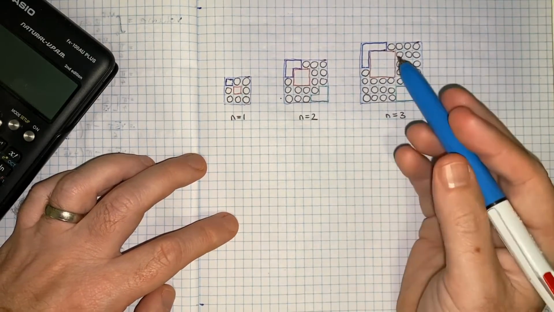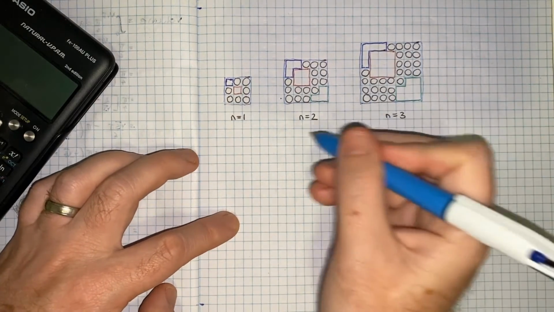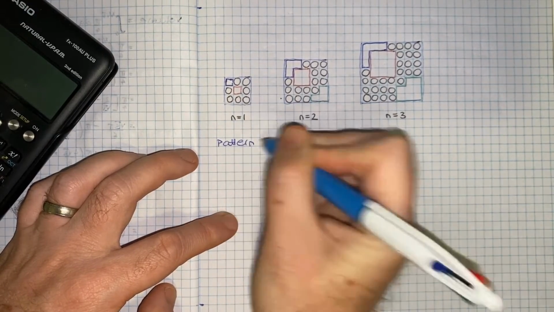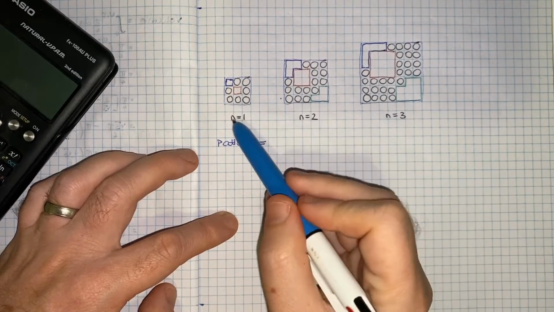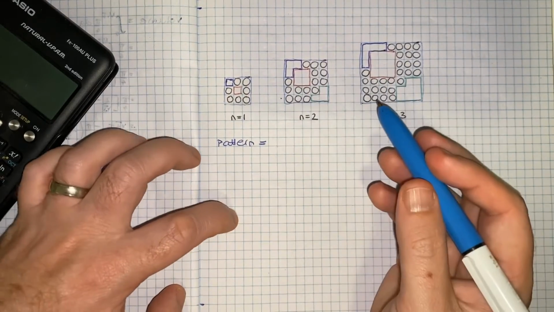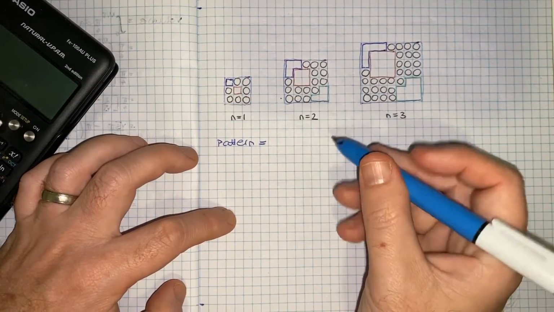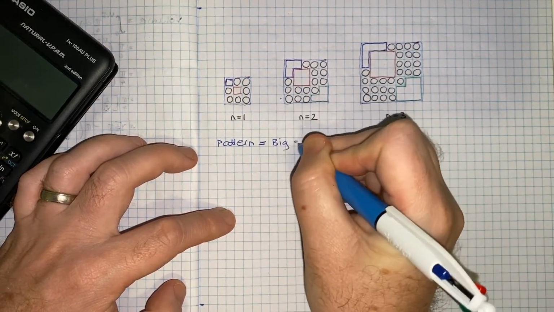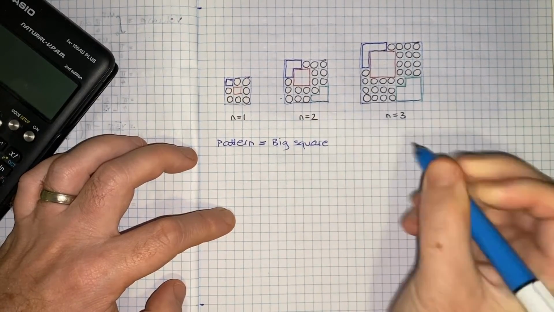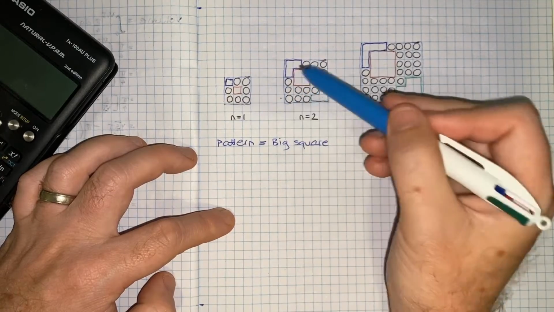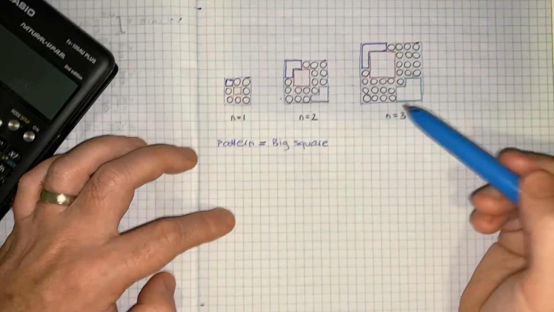And so now I got to the point where I could say, well, the pattern that I think is emerging in terms of n, so I'll write this as a function of n, but first I'll just write it conceptually. It's going to be the big square, so I'll write big square, how many circles would fit in the big square, which is this outside square that I started with.